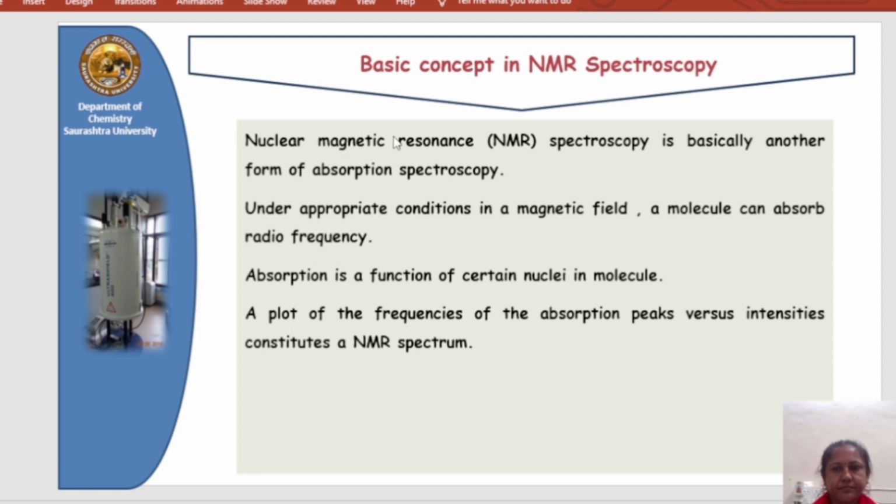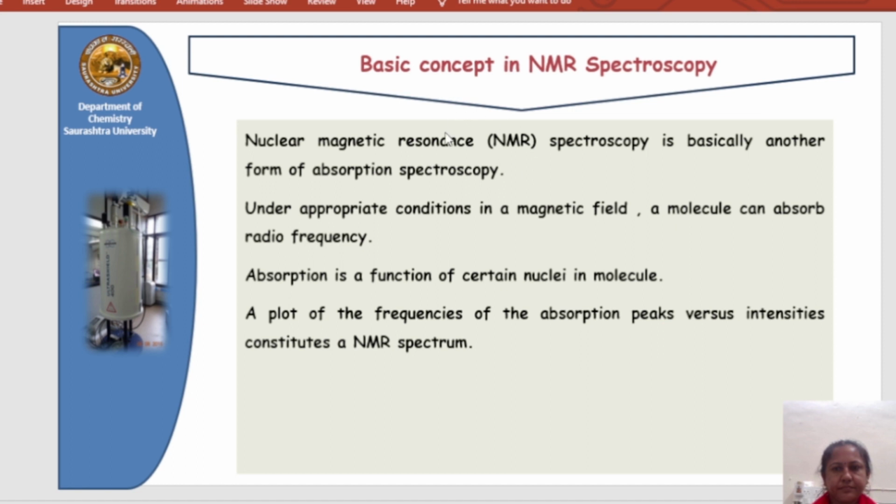Here it is the magnetic field. So we can say the resonance takes place between two different magnetic fields, so it is nuclear magnetic resonance. Why? Because the nucleus is responsible for one magnetic field, and the other one is the external magnetic field. So resonance takes place between the induced magnetic field and the external magnetic field, by applying the waves.